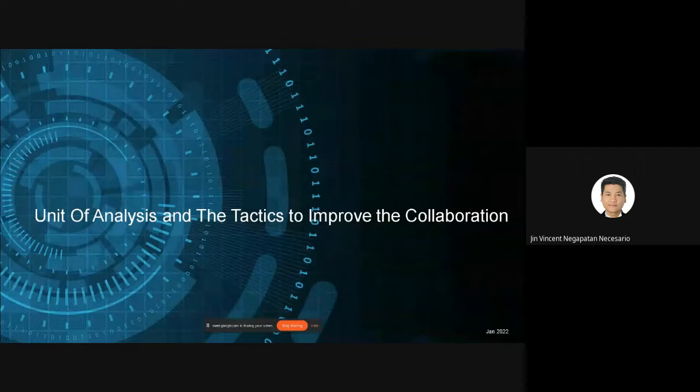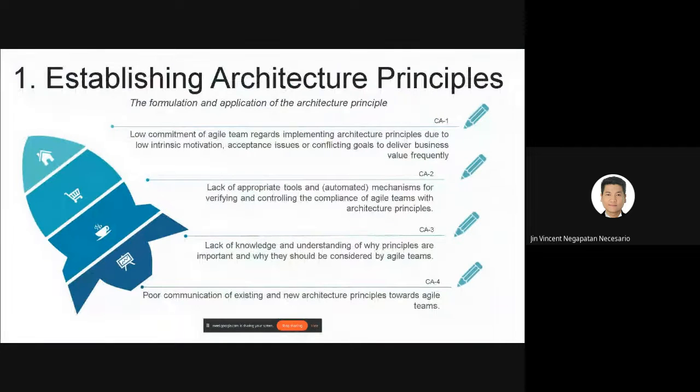So first is establishing the architecture principles. Here are some of the analyses that they have found.